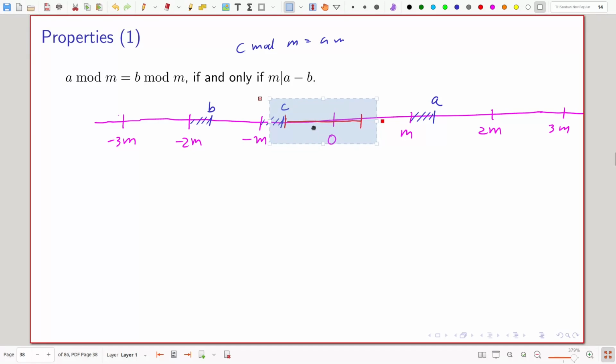So this differs by 2 M's, and this one also differs by M, and this one differs by 2 M's. So if every two numbers are the same modulo M, then the difference is divisible by M.